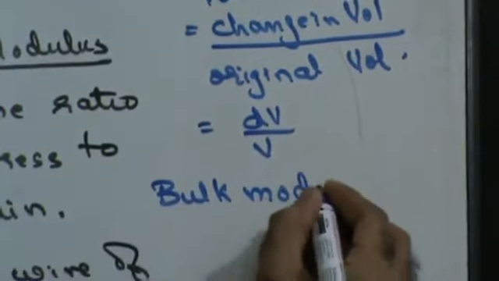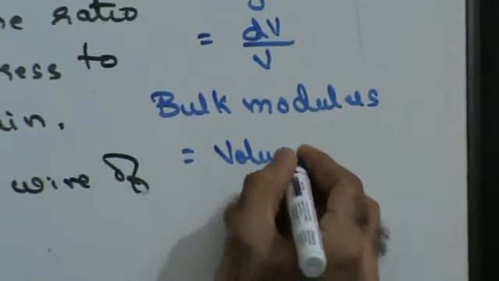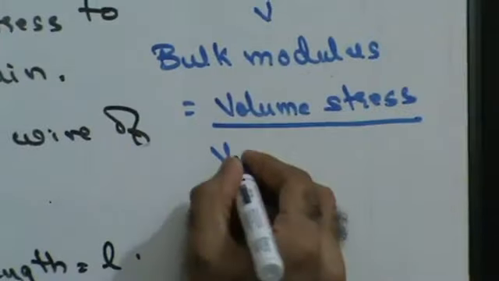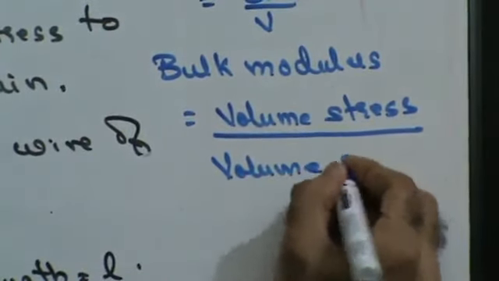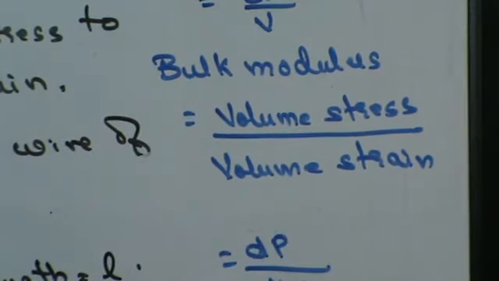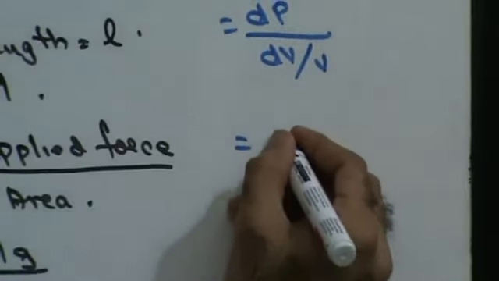But what is bulk modulus? Bulk modulus is nothing but volume stress upon volume strain. Volume stress is dP, volume strain is dV upon V. Denominator of denominator becomes numerator.